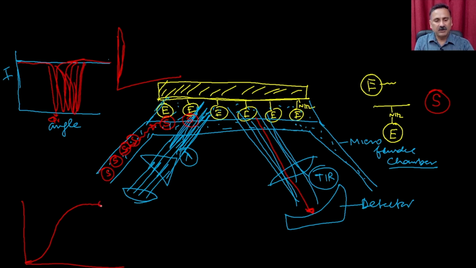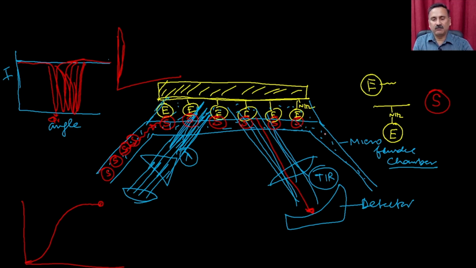the system got saturated. Once the system is saturated, you are going to see that all the enzyme molecules have the substrate. Now what you're going to do is flow only the buffer, so there is no flow of substrate.